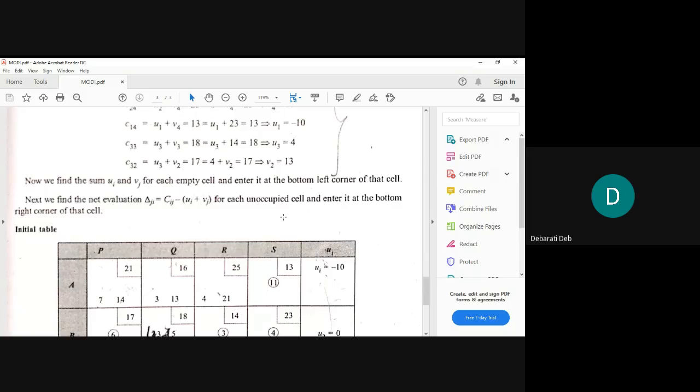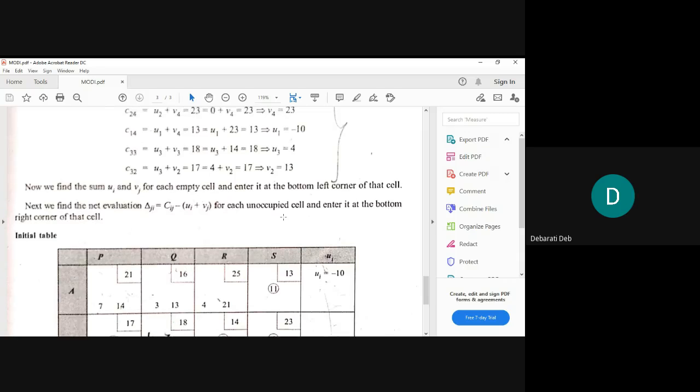Those cells in which no numbers were allocated, for those cells we will now calculate.